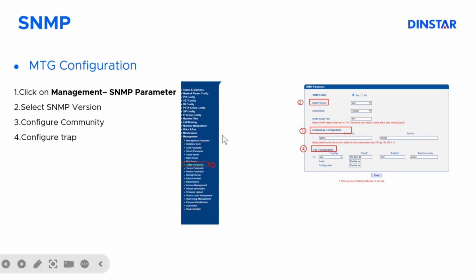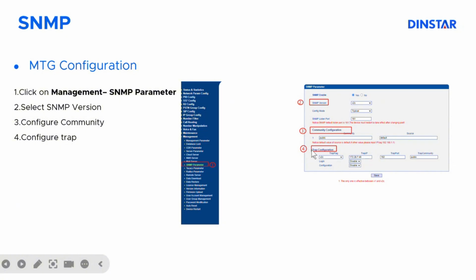For the SNMP settings, the key parameters are the SNMP versions, version 2 and version 3, and the community. The most important are the version and community configurations.